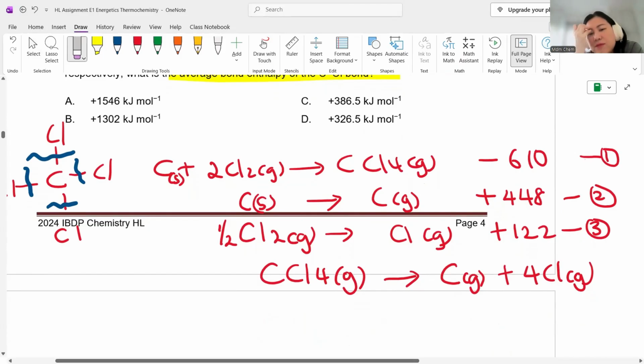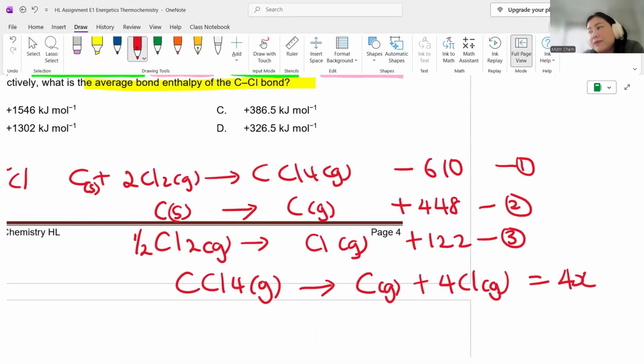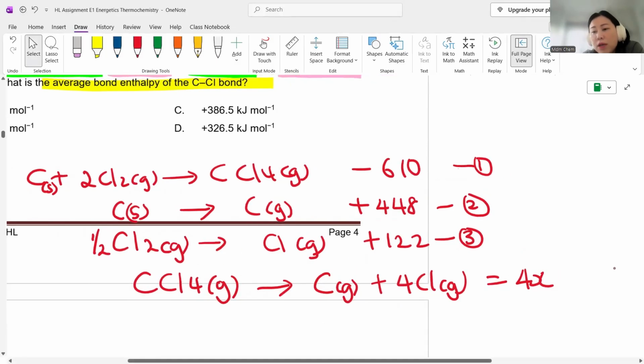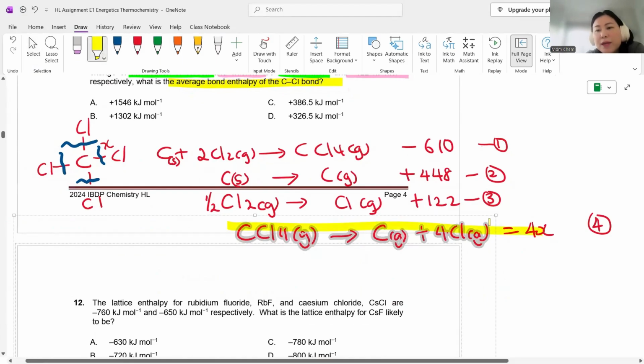Since it involves breaking 4 bonds, I will let 1 bond energy be x. Then the energy change will be 4x. Whatever energy I get, I divide by 4. So the answer for this equation 4 is 4x. If you want to find x, I divide by 4. I'm going to find 4x first, then find x.